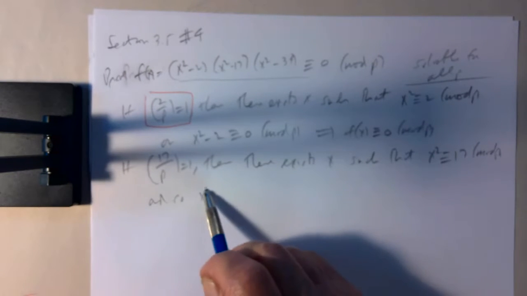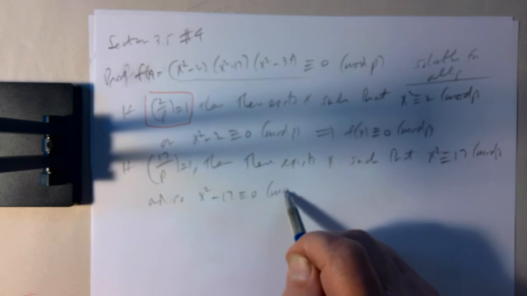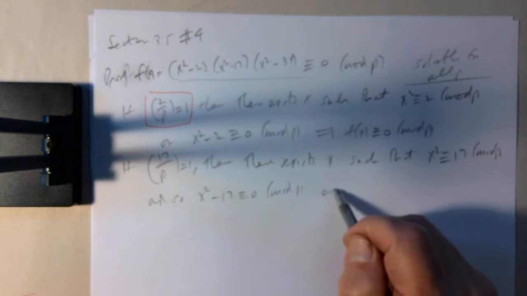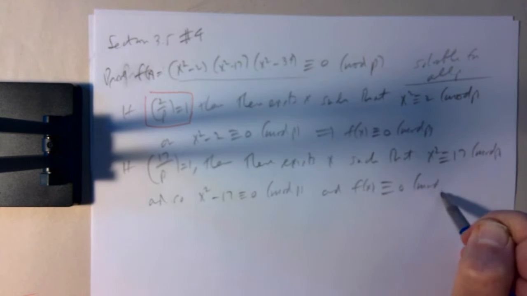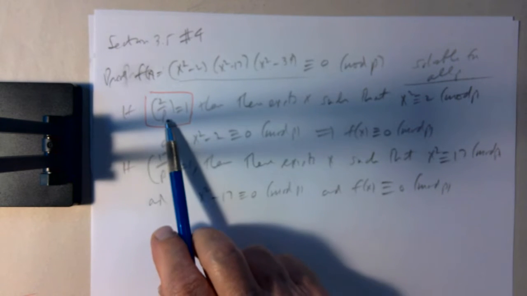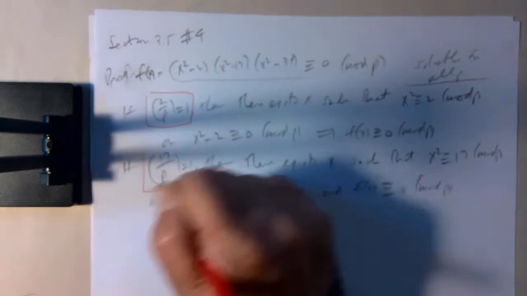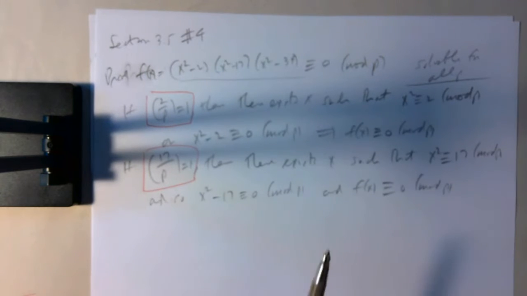And so x squared minus 17 is congruent to 0 mod p. So if you plug in that x, f of x is congruent to 0 mod p. So if either 2 is a quadratic residue mod p or 17 is a quadratic residue mod p, then this congruence has a solution.